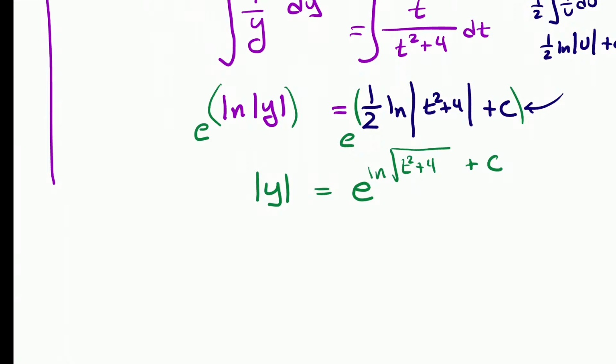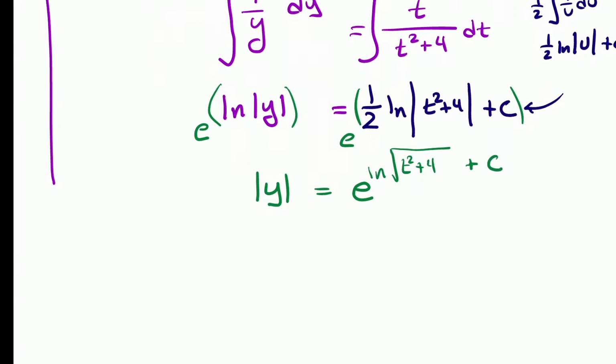By the way, you're going to be using these rules. Maybe I should jot them down. I'll put them down as we use them. Okay, so the rules of logarithms.